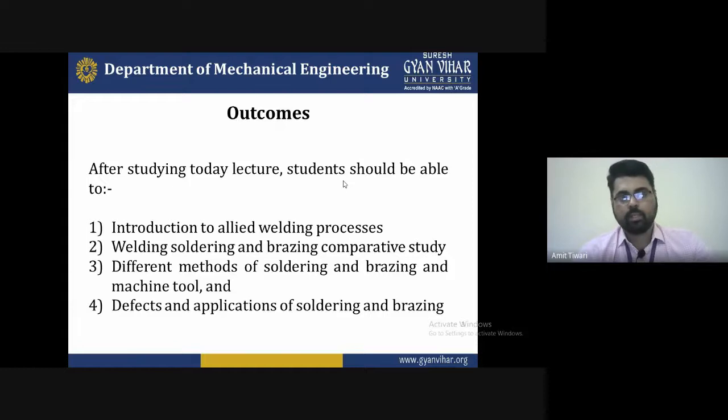Third, the different methods of soldering and brazing and the machine tools. And the last, fourth, defects and applications of soldering and brazing are also discussed in today's lecture.